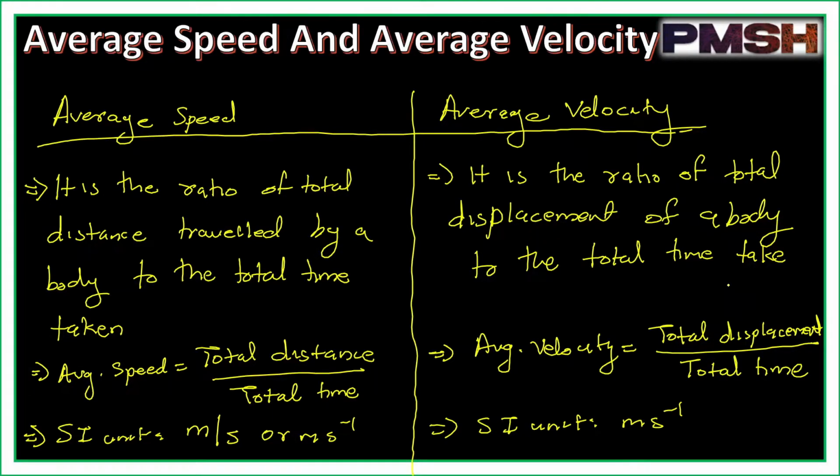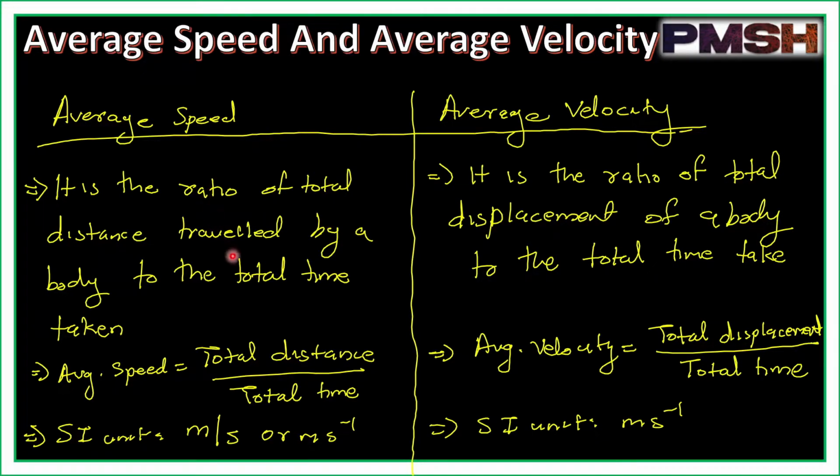So you have two concepts, average speed and average velocity. First of all, we'll tell what average speed is. It is the ratio of the total distance traveled by a body to the total time taken. So from the start of the journey to the end of the journey, the whole distance is divided by the total time taken for the journey.